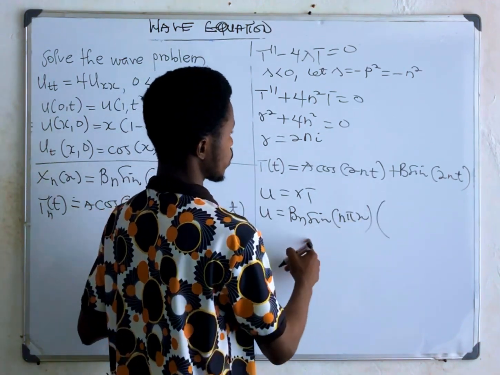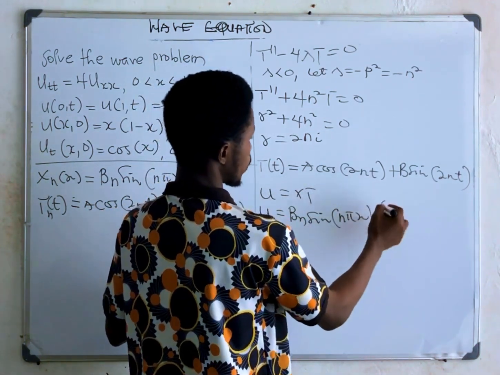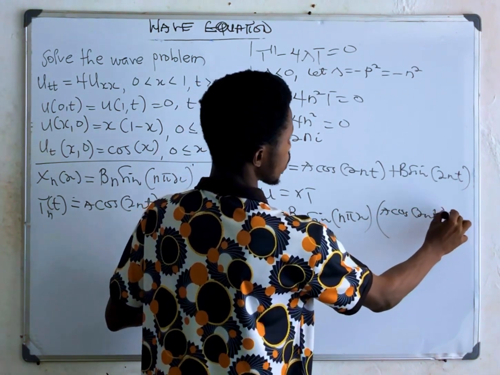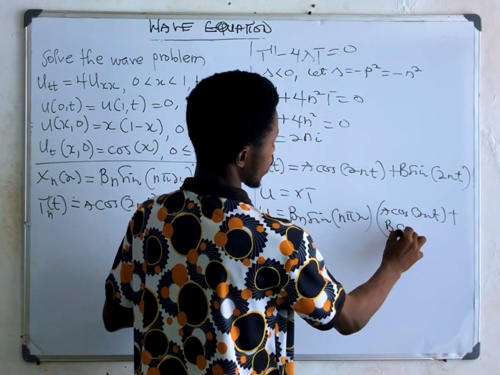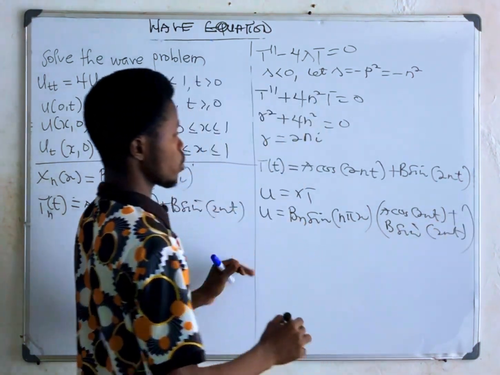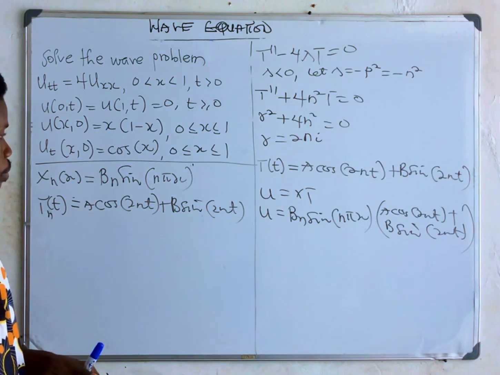And the whole of this is multiplied by the whole of this, A cos 2nt plus B sine 2nt. So this is what we are having now.